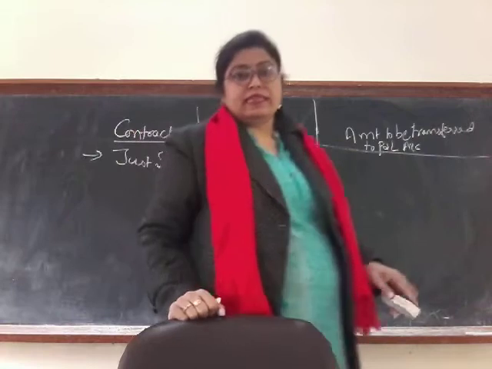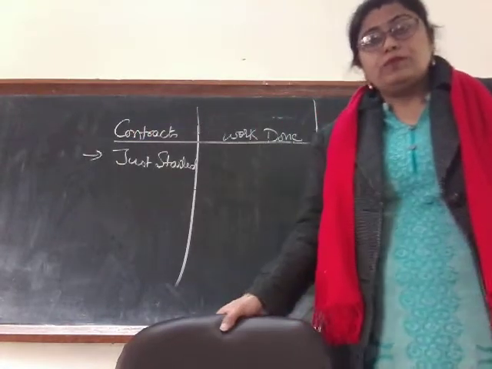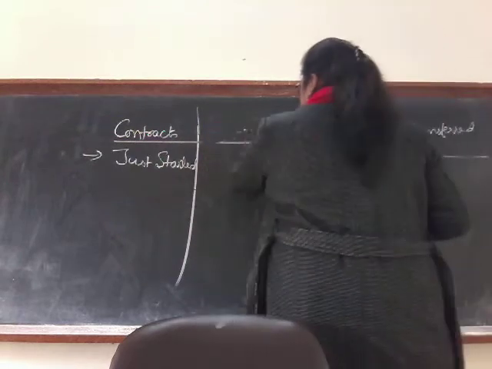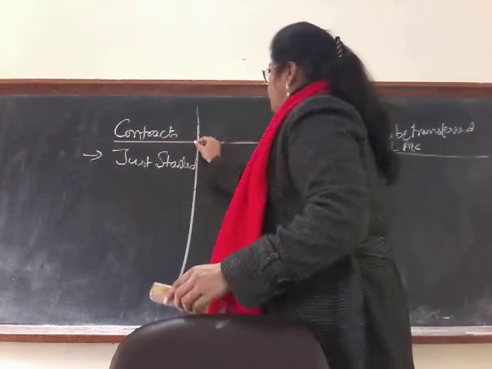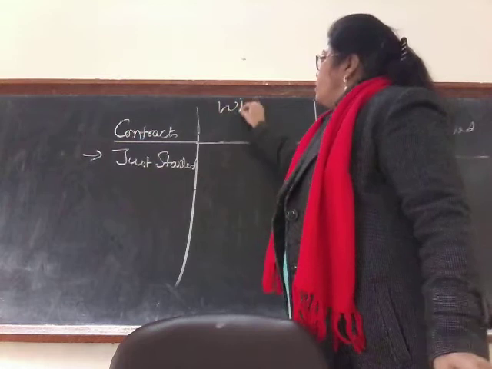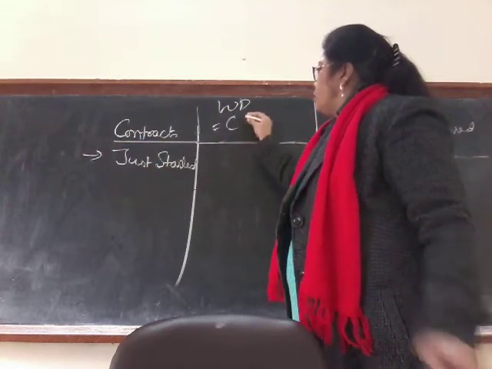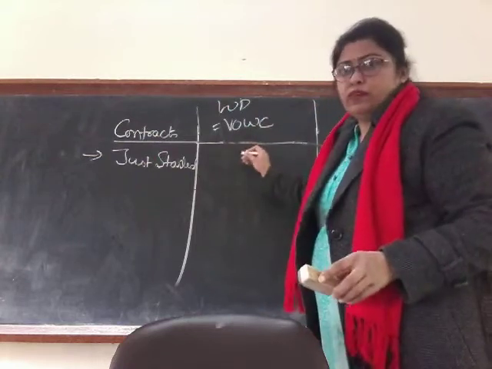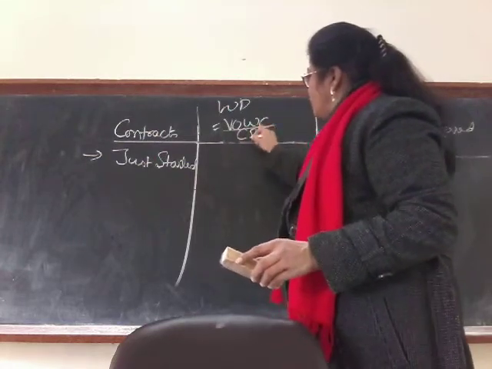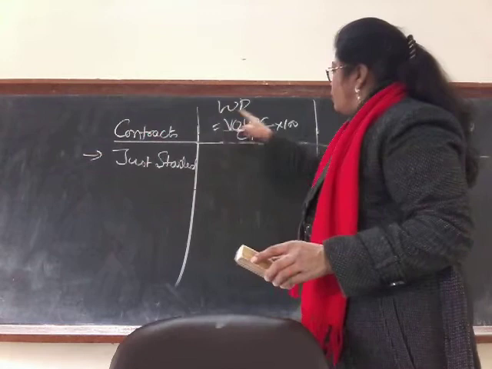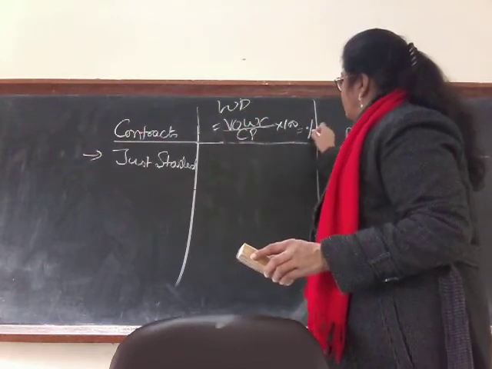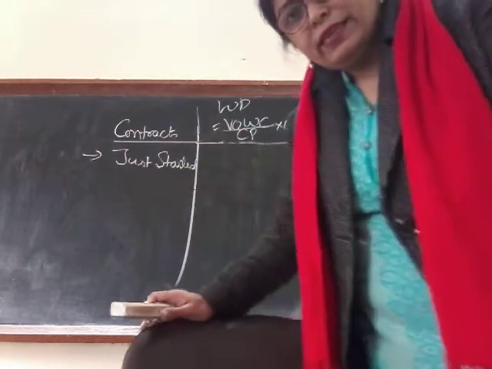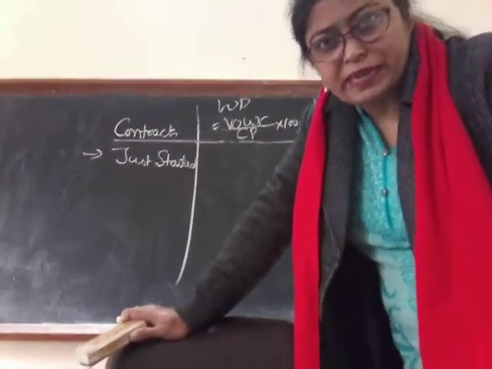So in this case, let's say the work done is up to 25%. Now to help, how to calculate this work done part. If I say how to calculate the percentage of work done, so work done is equal to value of work certified divided by contract price into 100. So we will be getting a percentage. So over here we are going to write the percentage, that is how much percentage work has been done.